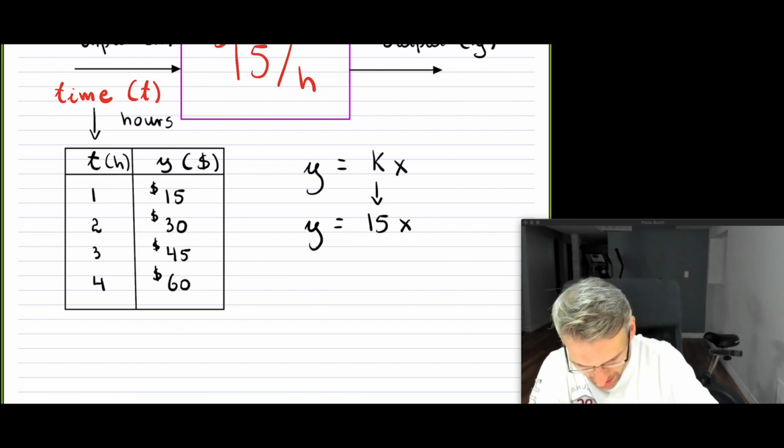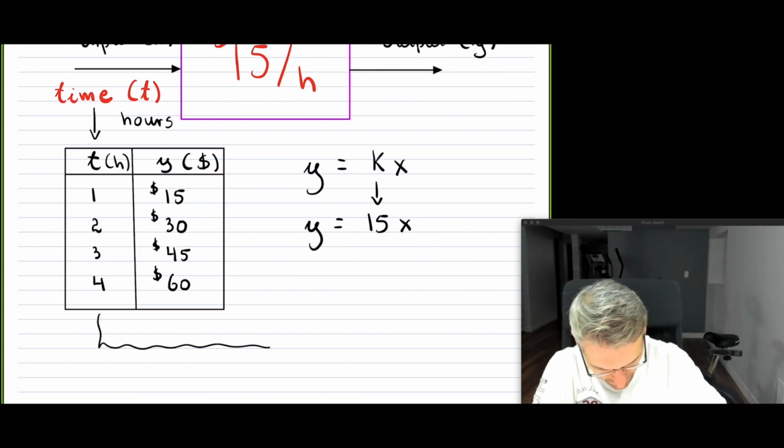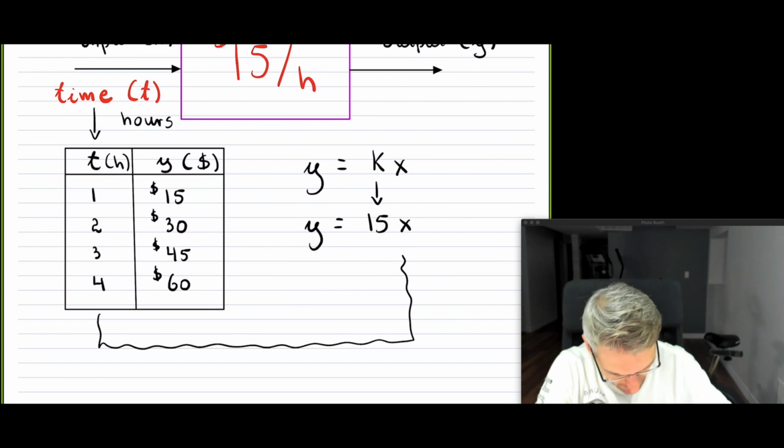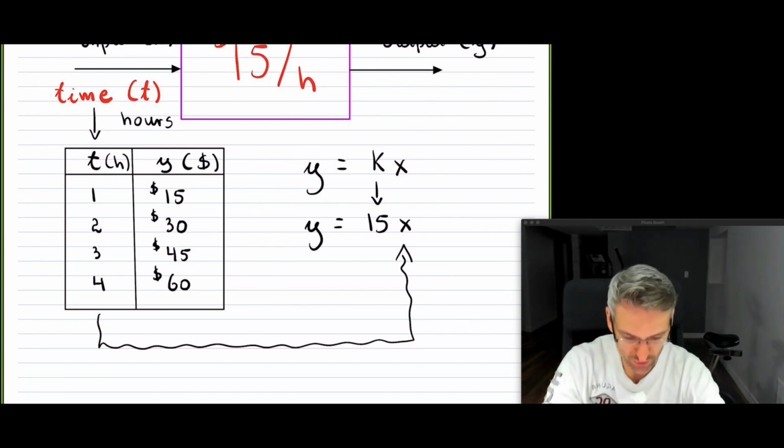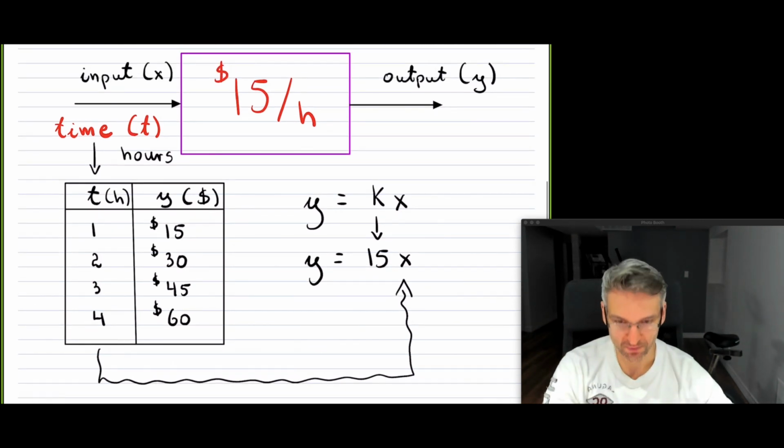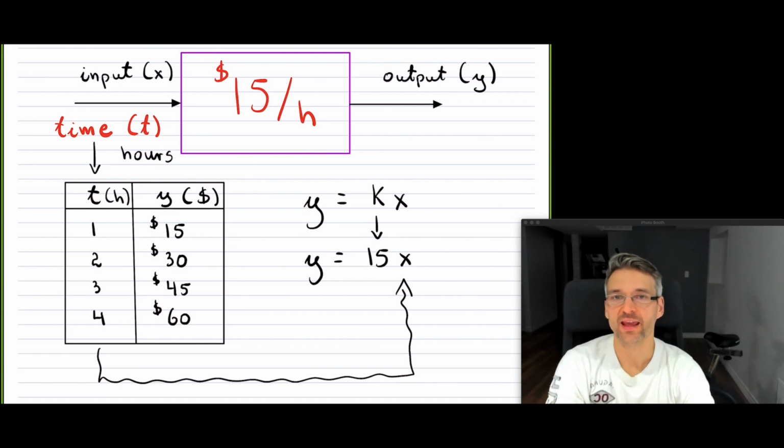So that's what happens. If you take this, for example, and you substitute it in here, what you're doing is putting it into this box that you see there, and then it's just providing your output. And that is a direct proportion because it's scaling it by 15 all the time.